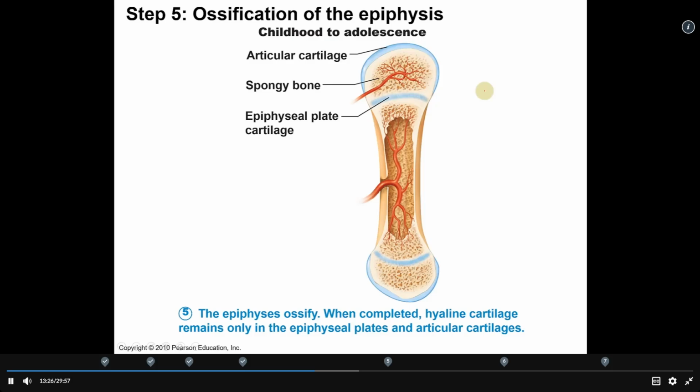So a couple of things here. Look at the side of the wedge that's facing the medullary cavity. So this here and here, see that? The bottom of the wedge that faces the cavity, what's happening there is the cartilage is replaced with bone.